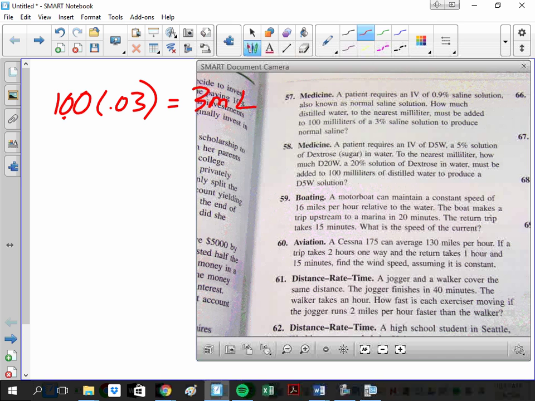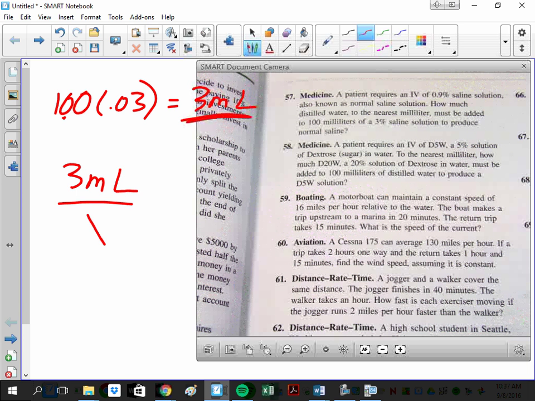I want it to have a concentration of 0.9%. So if I take 3 milliliters of salt, divide it by an unknown amount of water, I want that to equal 0.009.